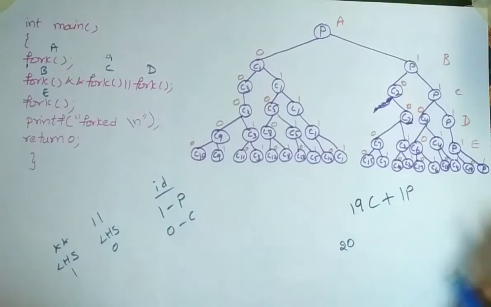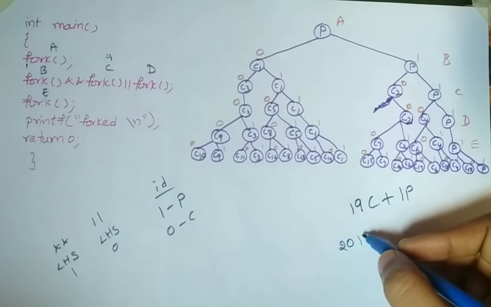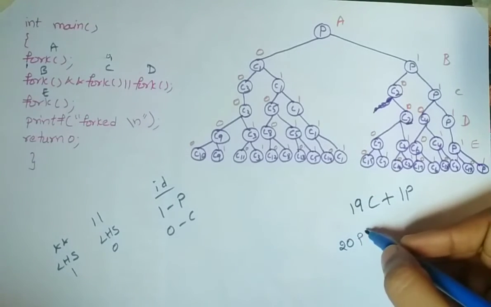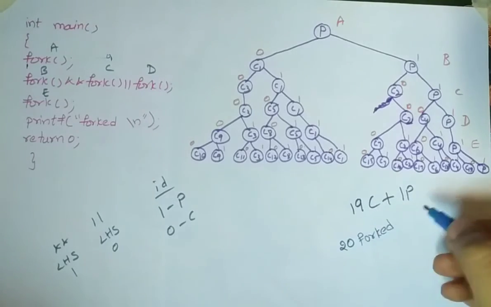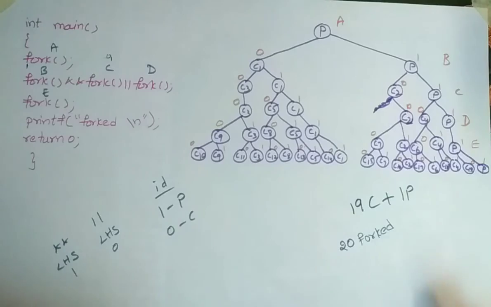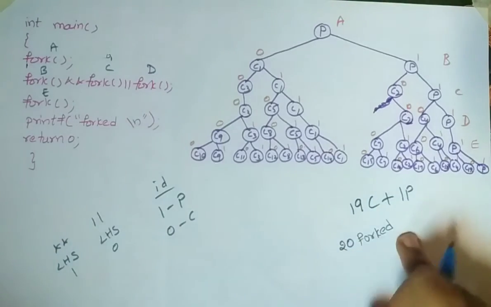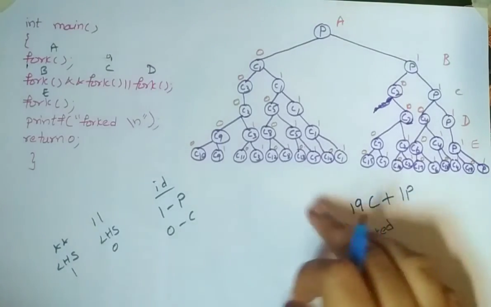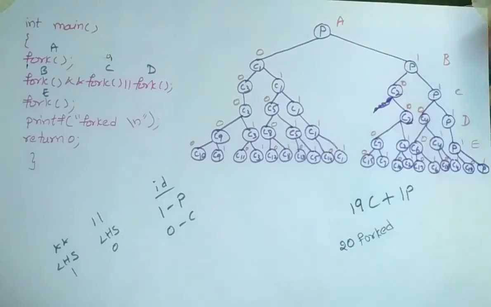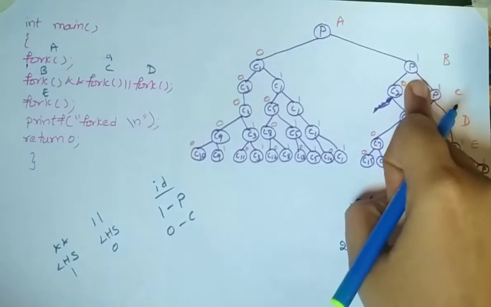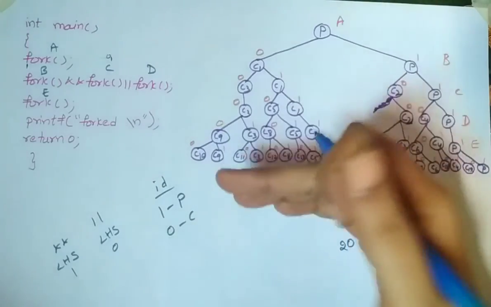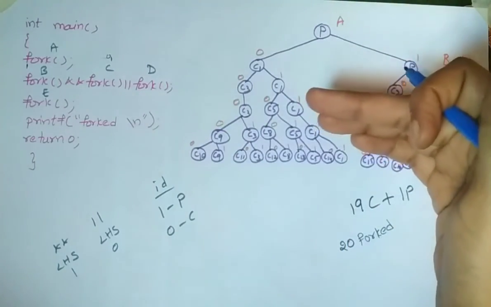So 20 processes means the printf will be executed 20 times. Normally, after executing a particular process, it will yield a child and parent process, and for the next instructions, we apply the fork operation concurrently.